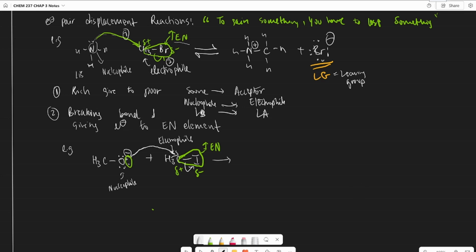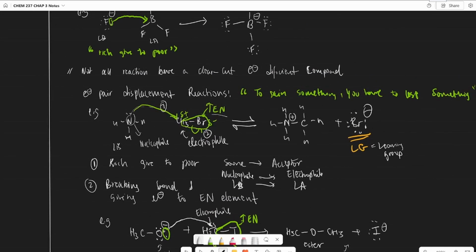So at the end, what you get is CH3, OCH3, which is an ester, plus an iodide. This works both ways, by the way, so reversibility plays an important role. Another thing I want you to notice is the charge always stays the same. It was negative before in the reactants and it's negative in the product.